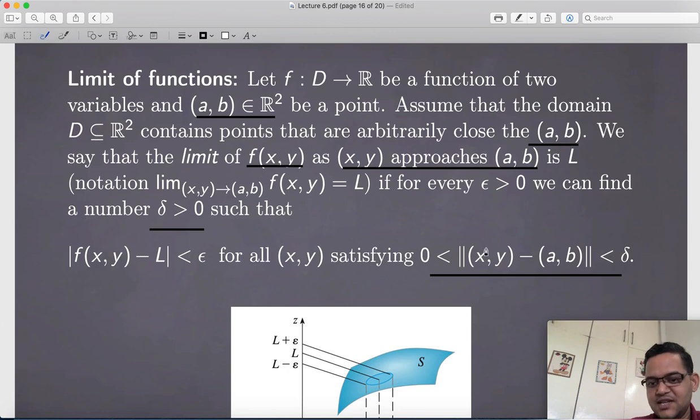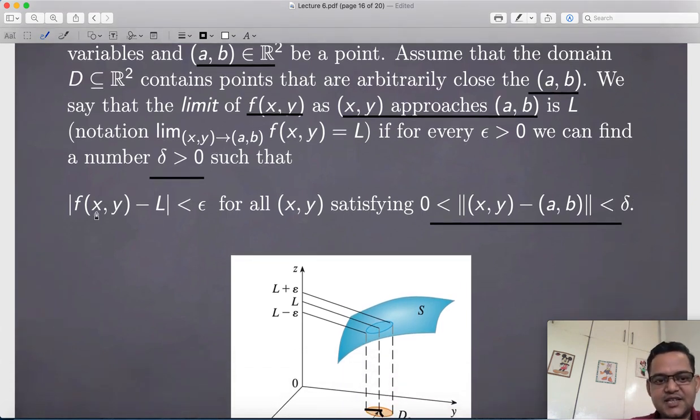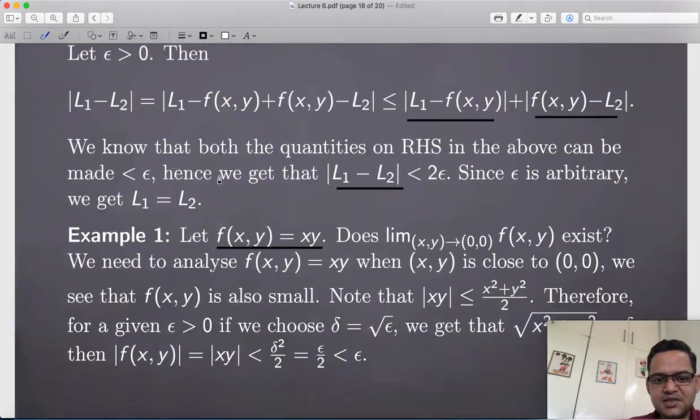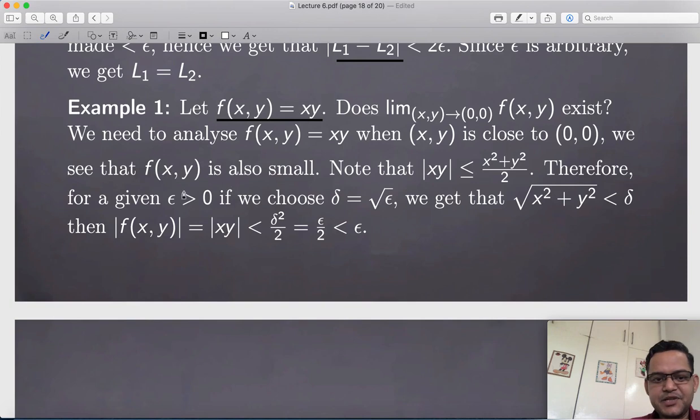So you want to say that whenever x squared plus y squared is less than delta squared, then I should have that |f(x, y)| is less than epsilon. So let us just write. You started with some epsilon and you want to find this delta. So I want to make sure that this implies that |f(x, y)| is less than epsilon.